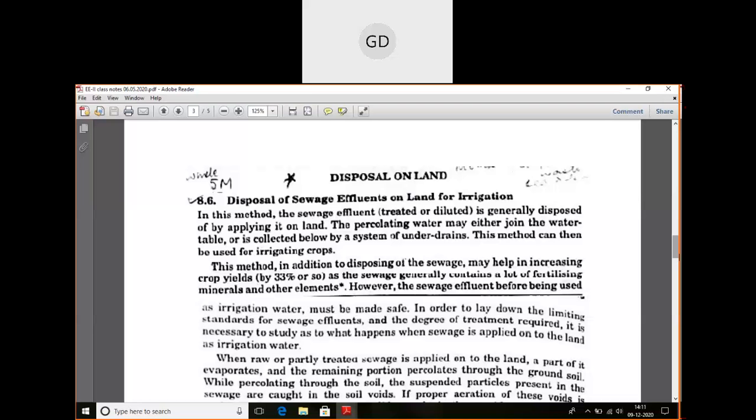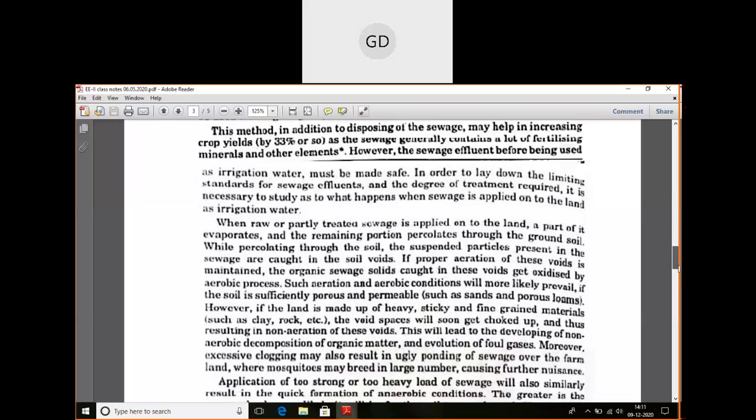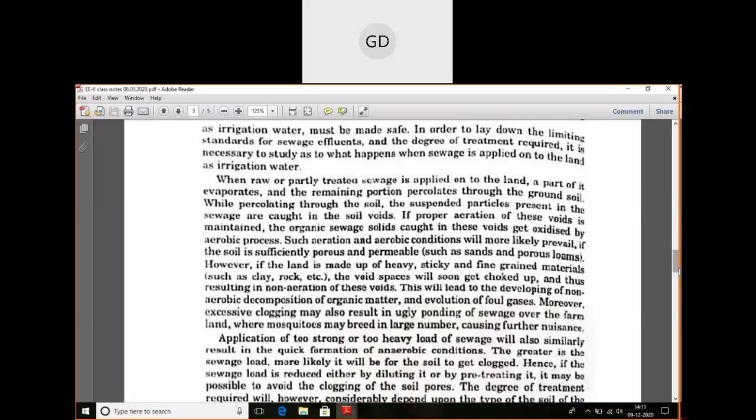When raw or partly treated sewage is applied on the land, half of it evaporates and the remaining part percolates through the soil.